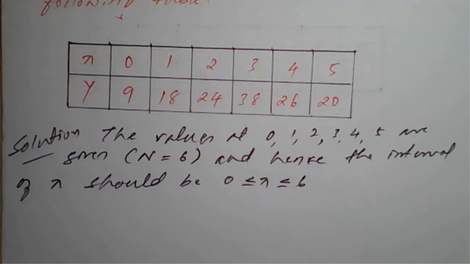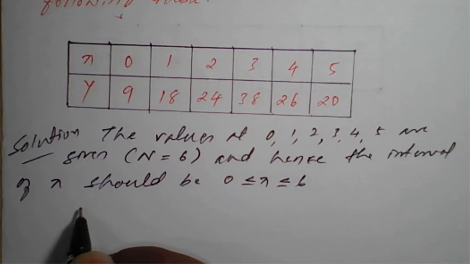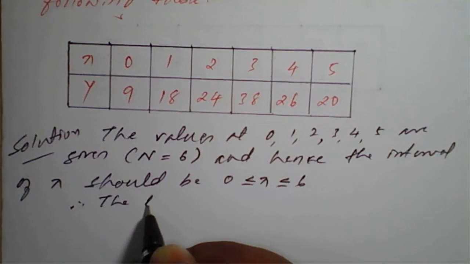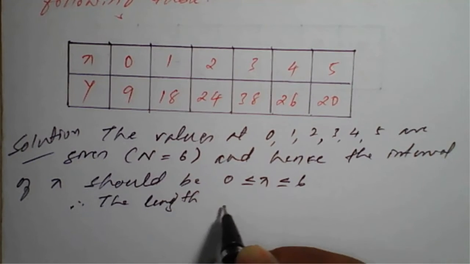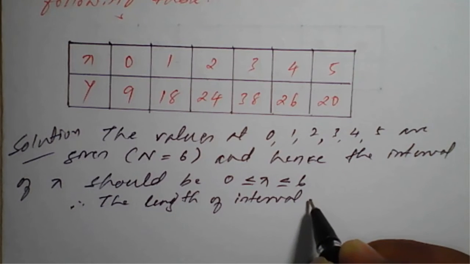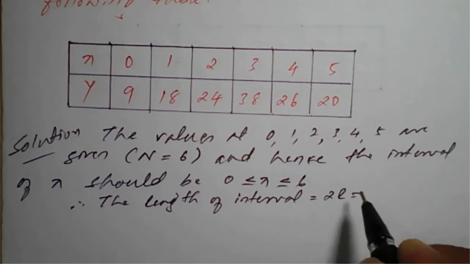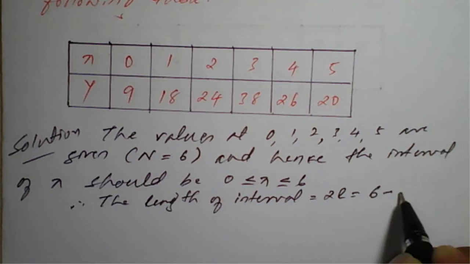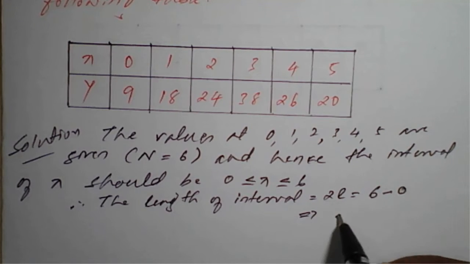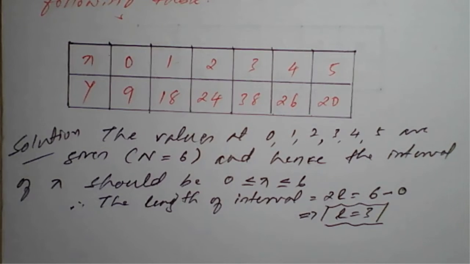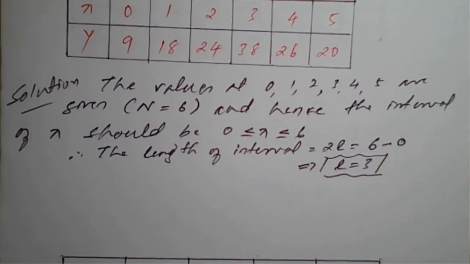Therefore the length of the interval, that is 2L, is equal to upper limit minus lower limit. The upper limit is 6 and the lower limit is 0, which implies the value of L is 3. This is a must to simplify such examples.